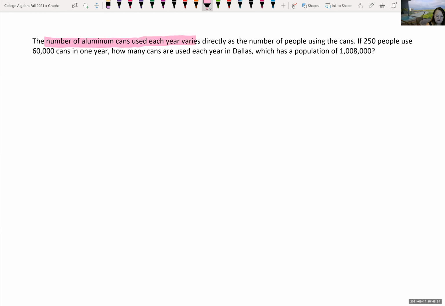So maybe N equal the number of aluminum cans used each year.